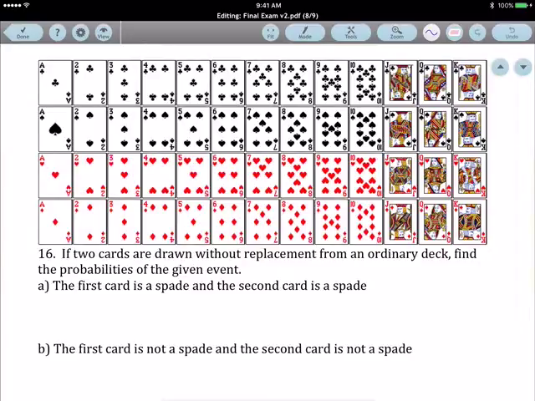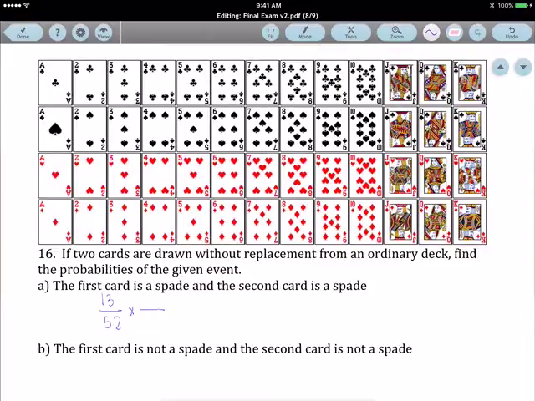So part A says the first card is a spade and the second card is a spade. How many spades are there? 13. Out of how many total cards? 52. Right. So the probability of the first one's a spade is 13 out of 52. Now we're going to multiply that by the probability that the second one's a spade.